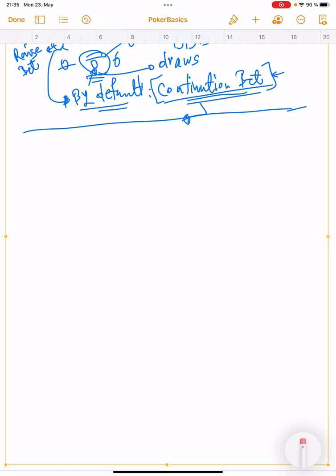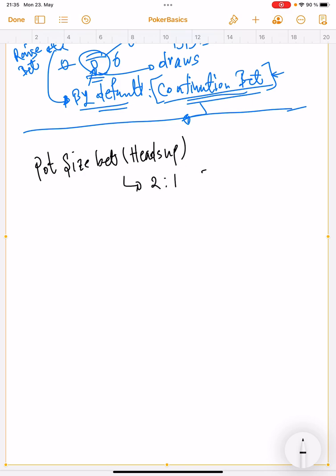We talk about pot size bet. Bear in mind that this is only in heads up. So for a pot size bet, we said this is always 2-1, and this is 33%. Then we said 50% of pot size will always be 3-1, and this is 25%.